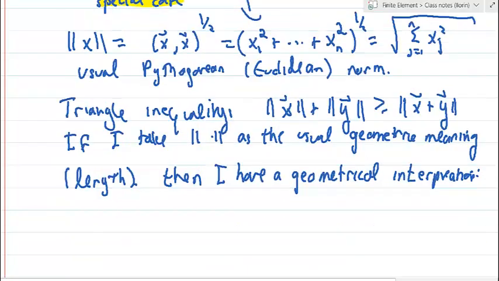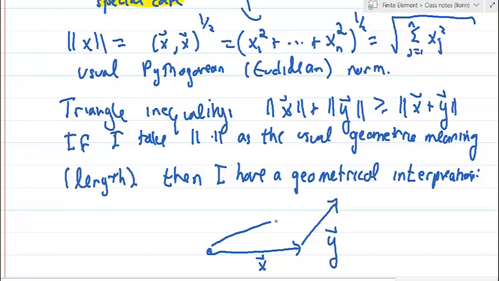My geometrical interpretation looks like this. Here's my vector x, which I can represent as an arrow. And here's my vector y, which I can also represent as an arrow. And my vector x plus y is found by adding these two arrows head to tail. That's how vector addition is represented geometrically. All right, so my x plus y is here.